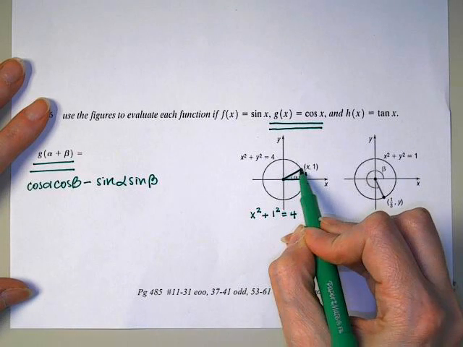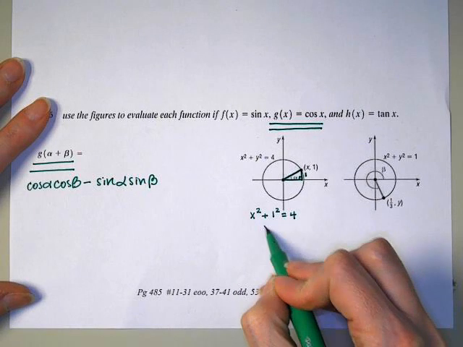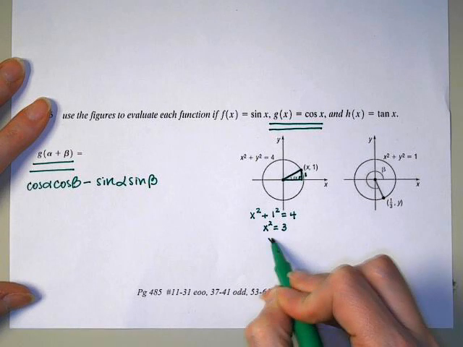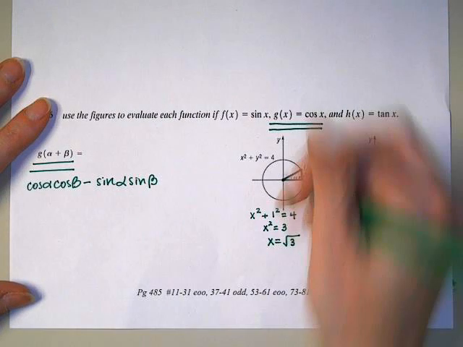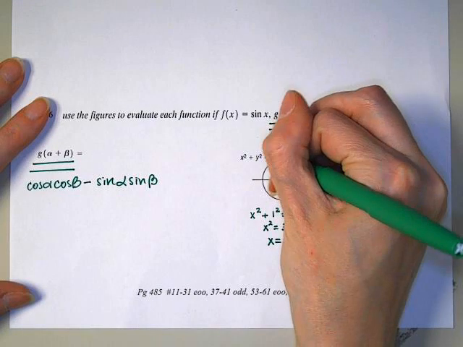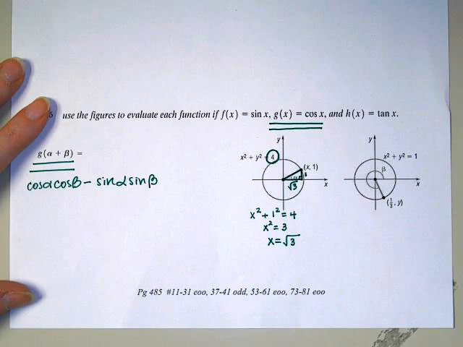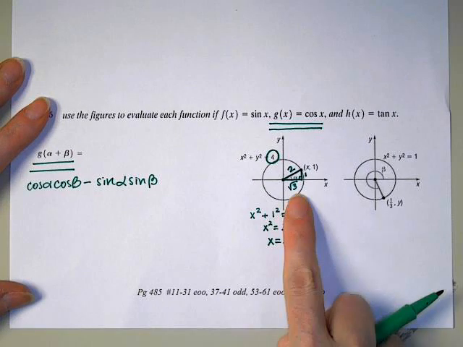So if it's x comma 1 and I plugged in 1 for y, what would x be? So x squared would equal 3, so x would be the square root of 3. All right, so I'm going to fill that in here. This is root 3. And then the radius of the circle is just the square root of 4, which would be 2. So this is just a 1, root 3, 2 triangle.